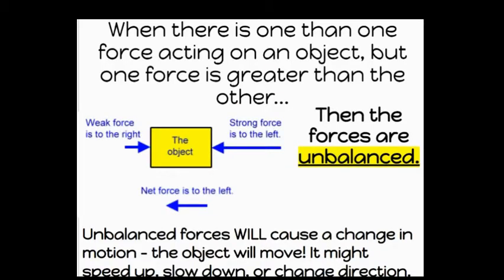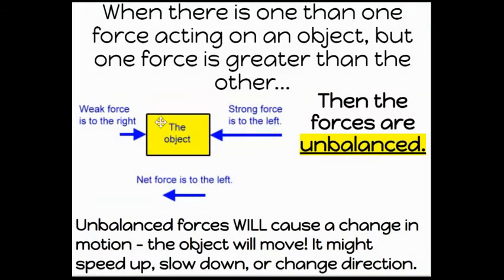However, when there is one force acting on an object that is greater than the other one, then the forces are unbalanced. Unbalanced forces will cause a change in motion. The object will move. It might speed up, slow down, or change direction. Here you can see there's an object.